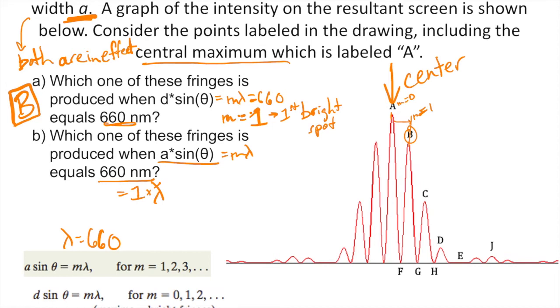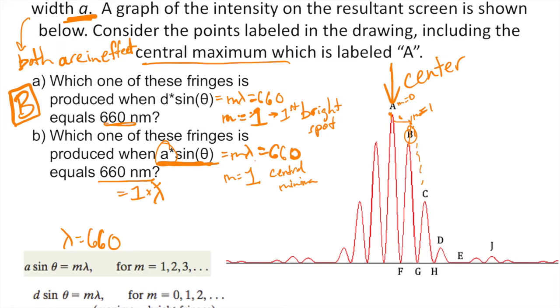And so for the second part of the question, which one of these fringes is produced when a sine theta equals m lambda equals 660? So again, that's m equals 1. And this A is for our single slit. And so we know for the single slit, when m equals 1, that's the first minimum.